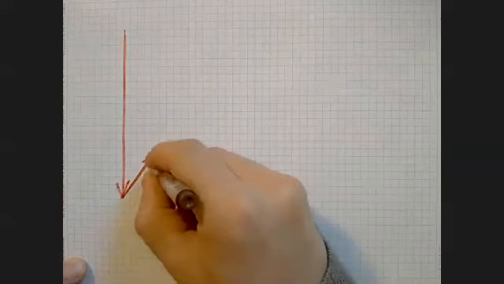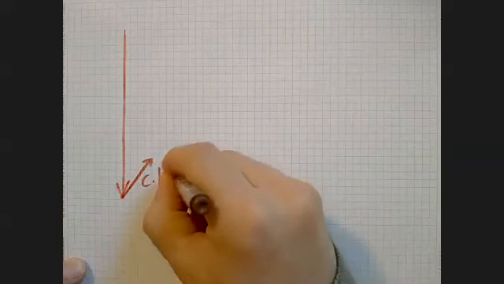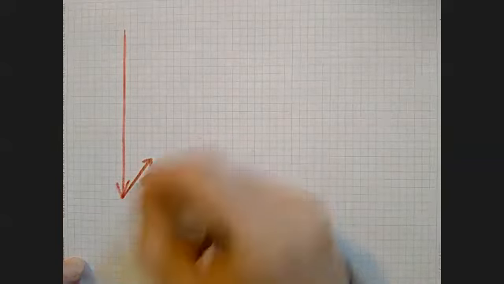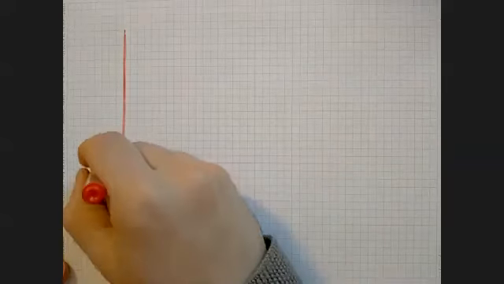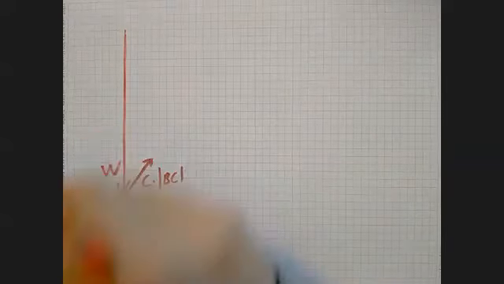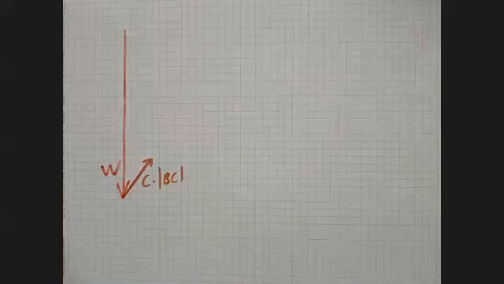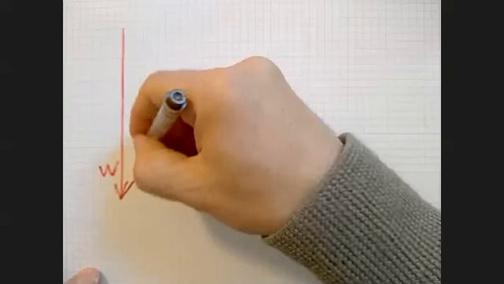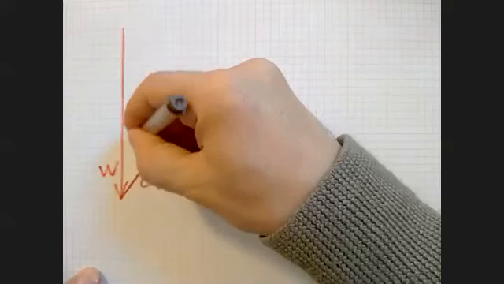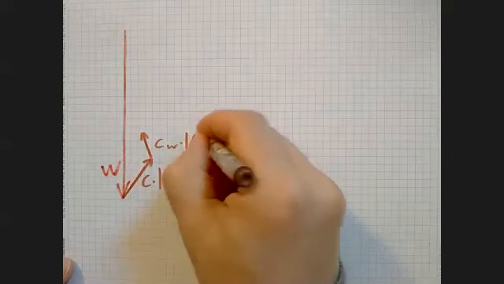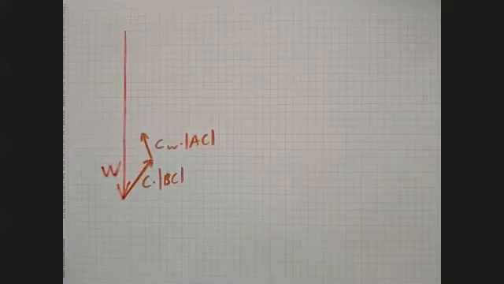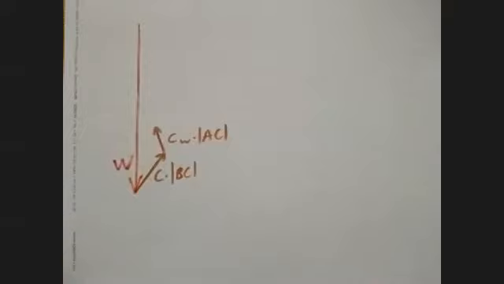C, what did we call that? BC. So this is weight. C times BC. And then we have C wall times AC. And then we have two unknown forces.